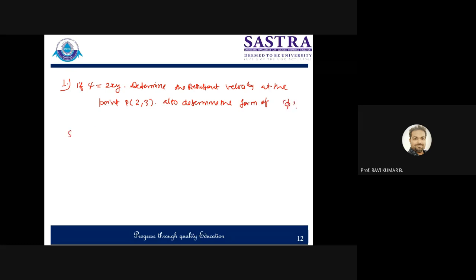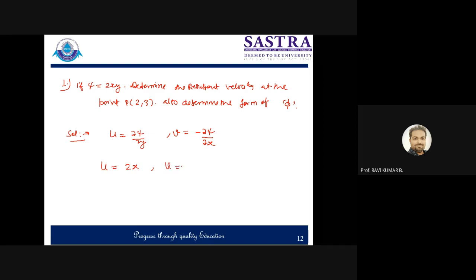Let me start. Solution: we know that u is equal to ∂psi/∂y, and v is equal to minus ∂psi/∂x. This formula we know, and psi is given here. We can just differentiate. So u is equal to ∂psi/∂y, which is 2x, and v is equal to minus 2y.